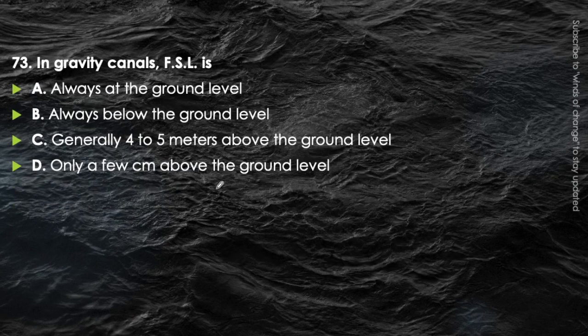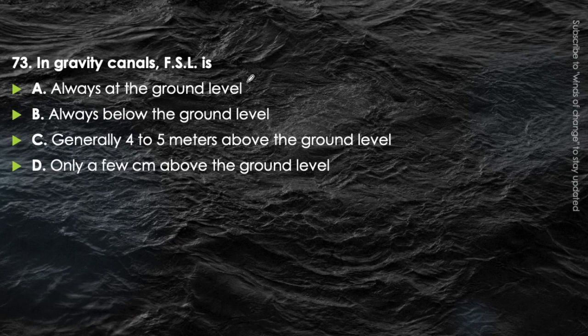Okay. Next question. In a gravity canal, full supply level is always at the ground level, always below the ground level, or generally 4 to 5 meters above the ground level, or only a few centimeters above the ground level. Just think about it. In the gravity canal, full supply level is kept. The purpose of the gravity canal is to provide water for irrigation.